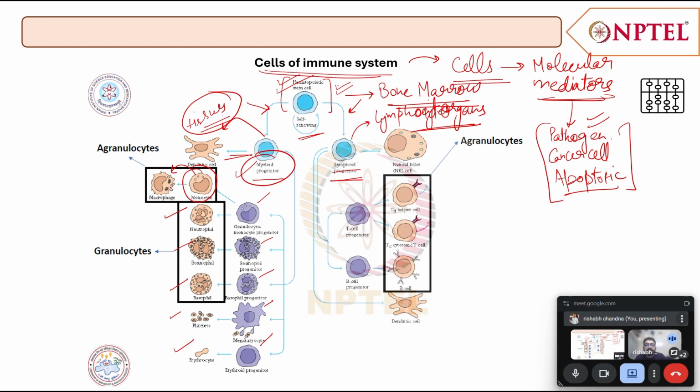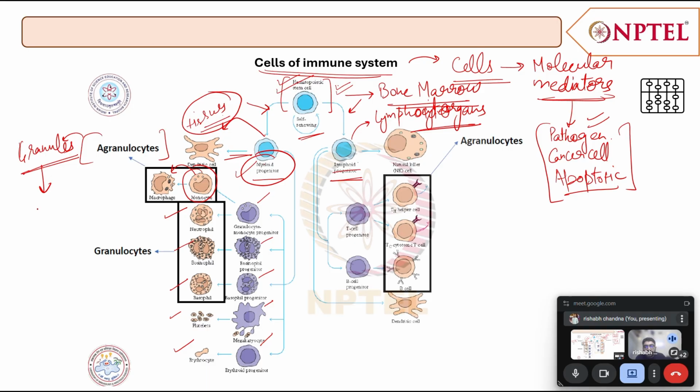Now we divide the immune cells into two kinds of cells. First is the agranulocytes and the other is the granulocytes. Agranulocytes are the ones that do not have any granules in them. How do we define granules here?